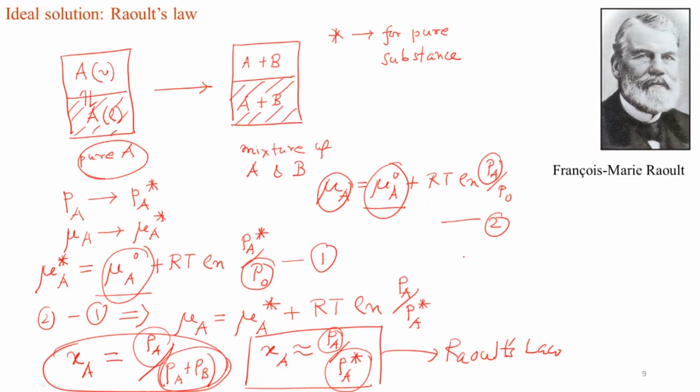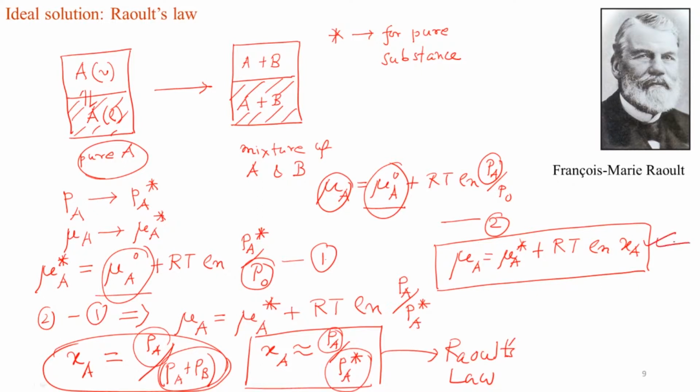And using Raoult's law, if we just rewrite this equation, we'll get mu is equal to mu A star plus RT ln PA by PA star, which we will write as XA.